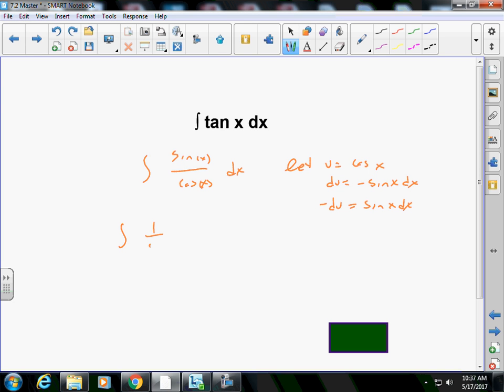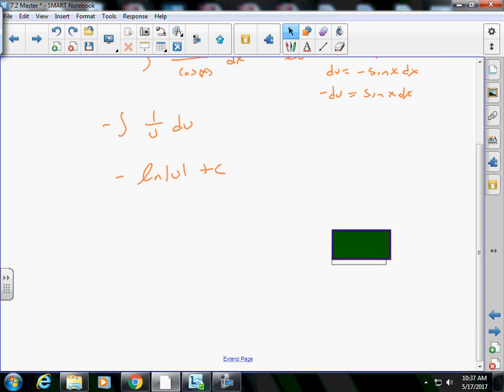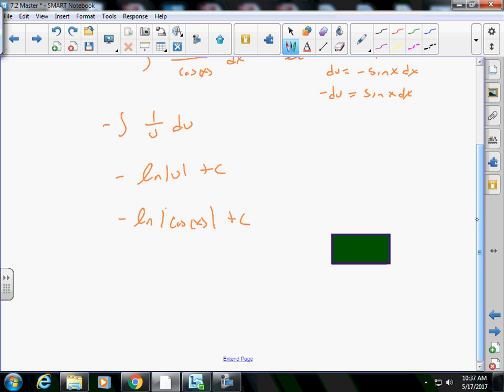So I end up with 1 over u du. When I take that, don't forget my minus on the outside, that becomes the natural log of the absolute value of u plus a constant. Then I have my substitution, that's a minus the natural log of cosine x plus a c.